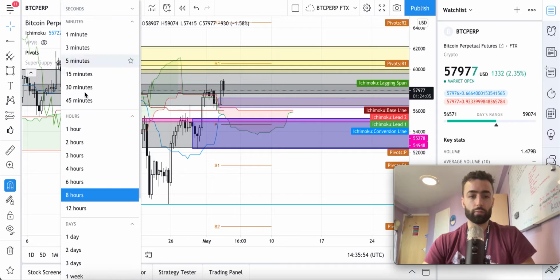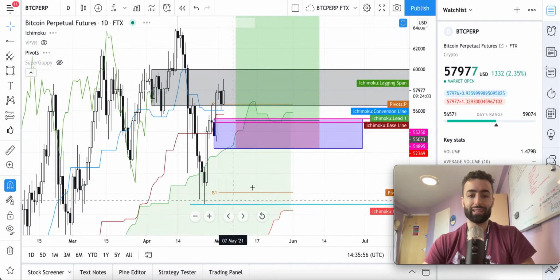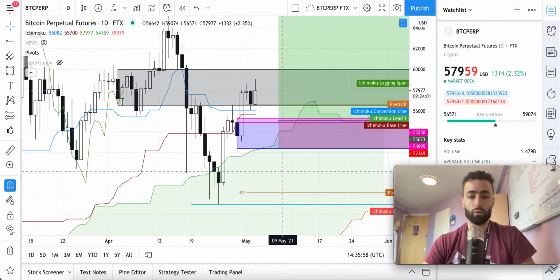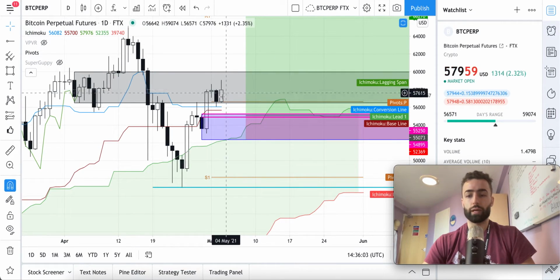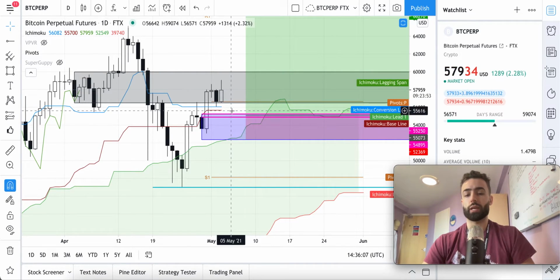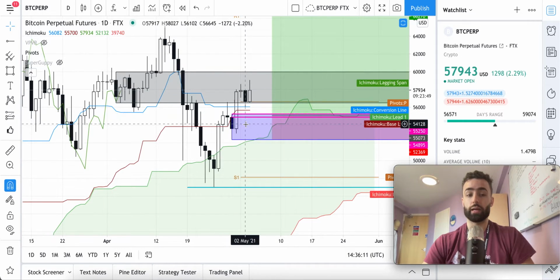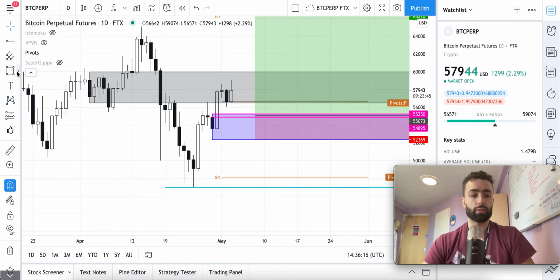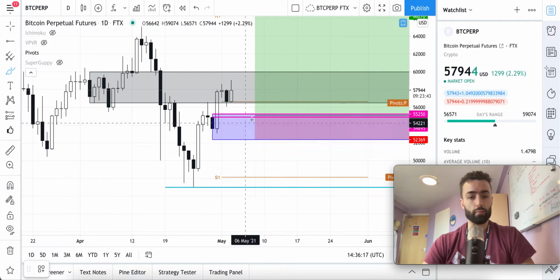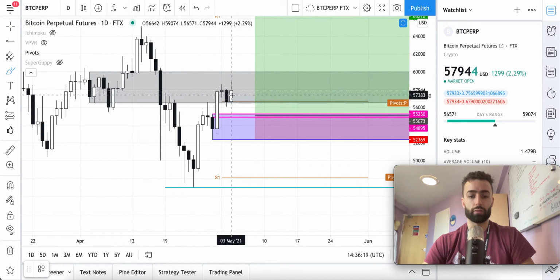The only level that I'm currently looking to bid on is this daily level right here. And if we do end up getting some short-term bearish price action, I will probably look to do a scalp short just to protect this entry, and also protect against the scenario that I talked about in yesterday's video, where I talked about the potential for this level to not hold on the first test.